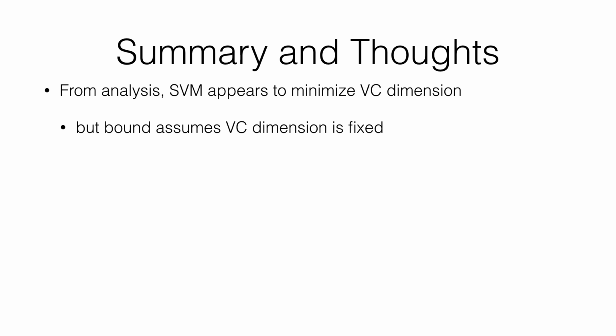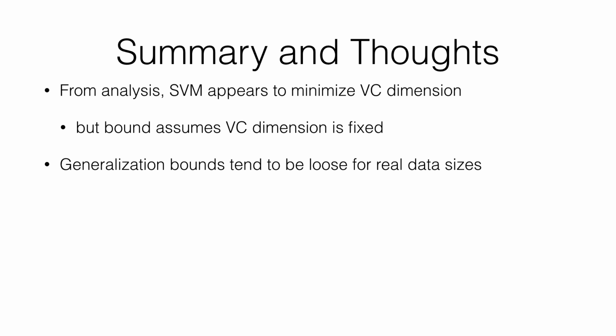But now, popping back up a level of abstraction, generalization bounds tend to be loose for real data sizes. The plot I showed you at the beginning of the video was approximately what the bound would look like if VC dimension was 1, but VC dimension of 1 is absurd.